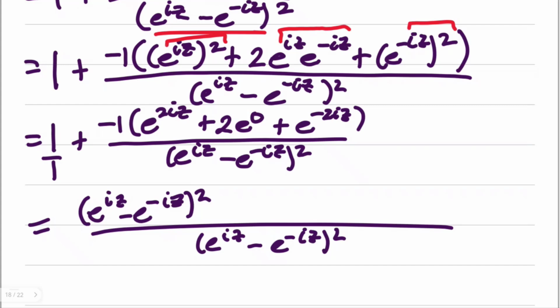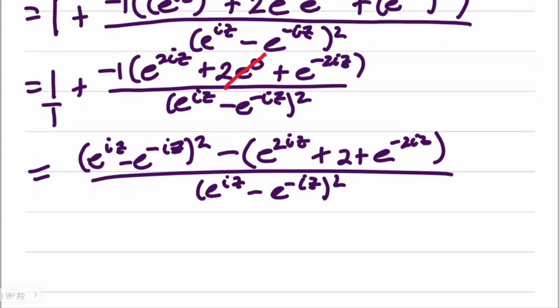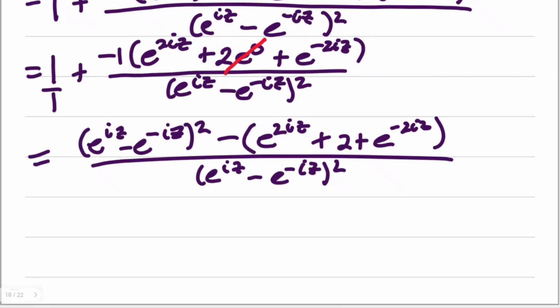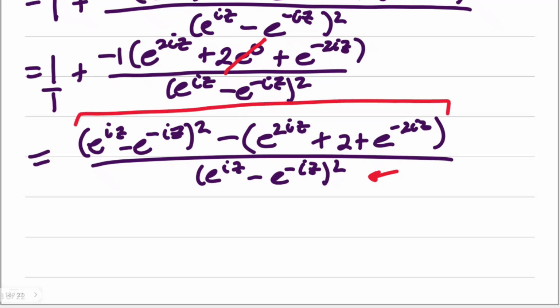Then still, I'm now going to use here the negative, because plus negative 1, I'm going to use here minus the result of the second term, e to the power of iz plus, take note, e to the power of 0 is just equal to 1. So plus 2 plus e to the power of negative 2iz here. Now, I mentioned earlier that we will no longer expand our denominator, but in order for us to combine the terms of our numerator, this one here, which looks like our denominator, must be expanded.